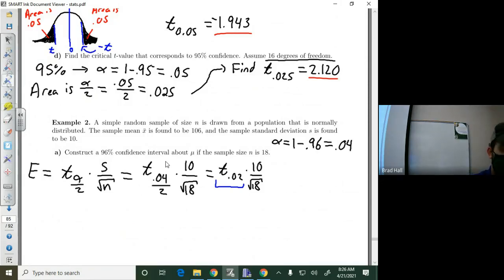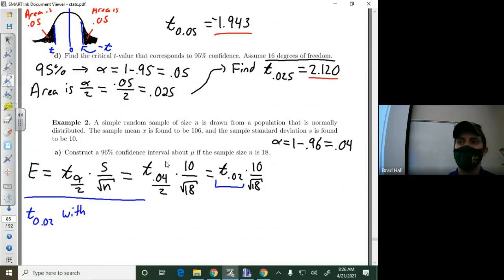So off to the side, we need to find the t value for an area of 0.02 with a certain amount of degrees of freedom. The degrees of freedom is always one less than the sample size.